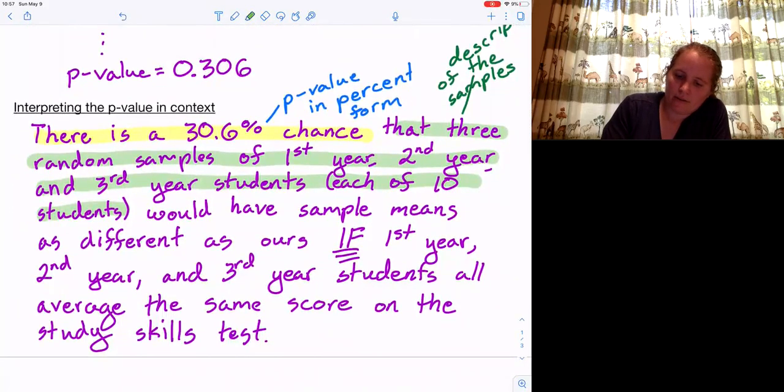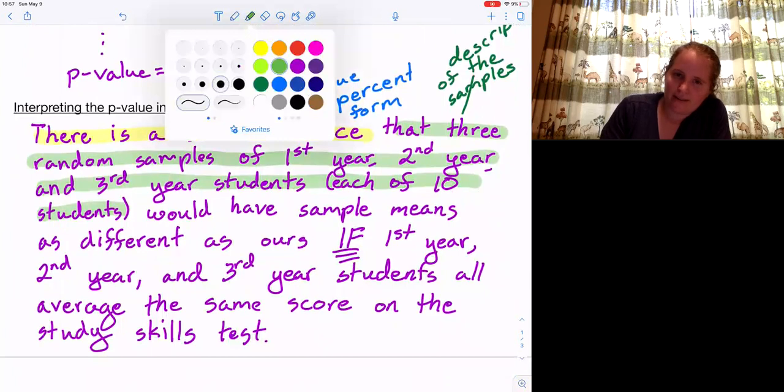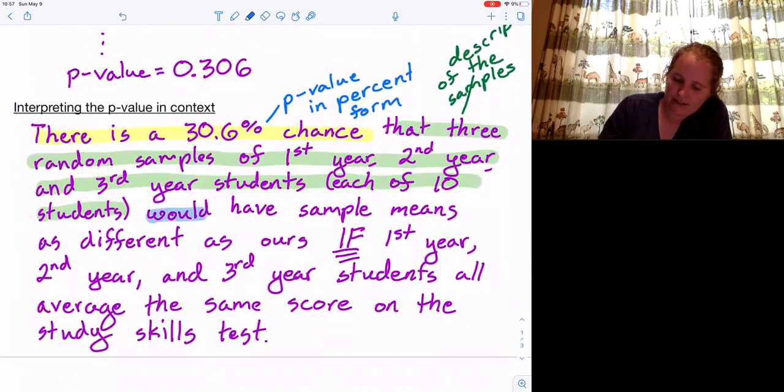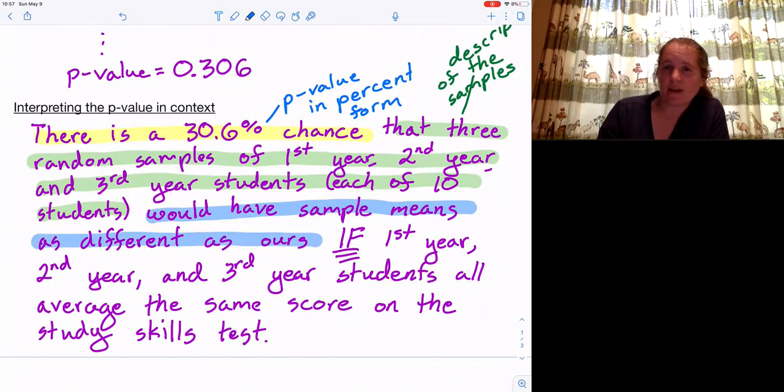Then we have would have sample means as different as ours. That's get sample results as extreme as our results.